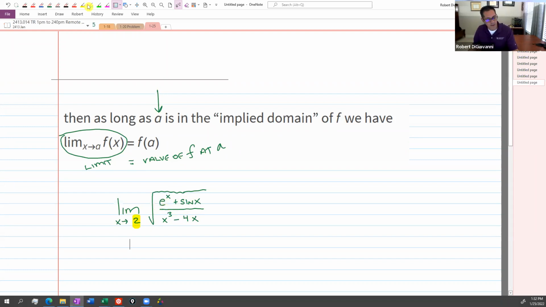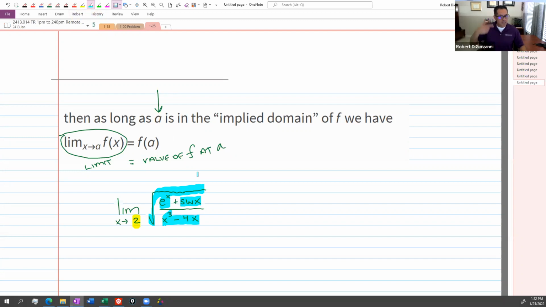E to the x is an exponential function from college algebra. Sine of x is a trig function from pre-calc. X cubed minus 4x is a polynomial function from college algebra, right? And don't forget, the square root function is also a function that I've seen, yes? These are all things that look familiar.